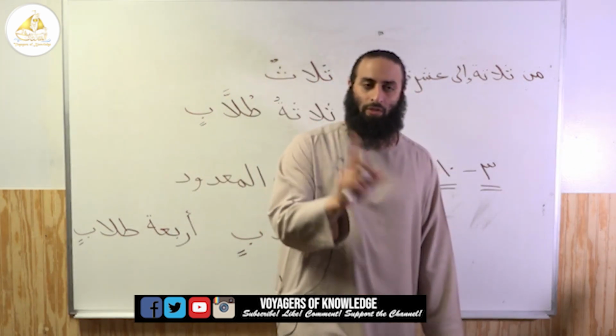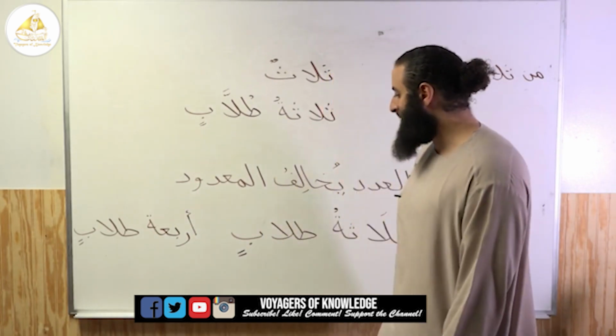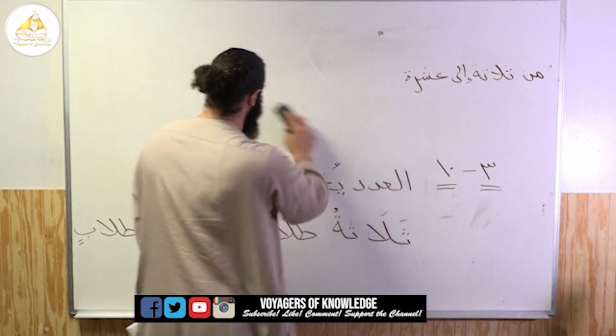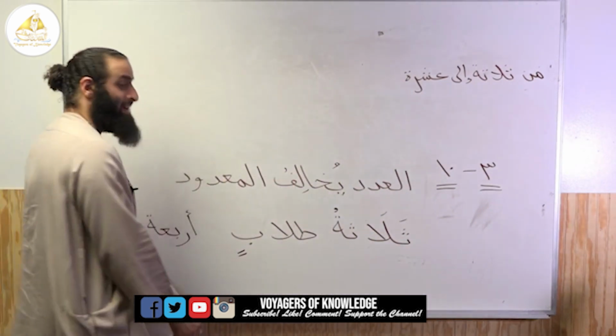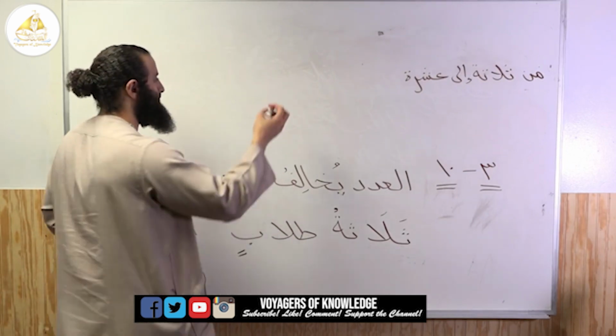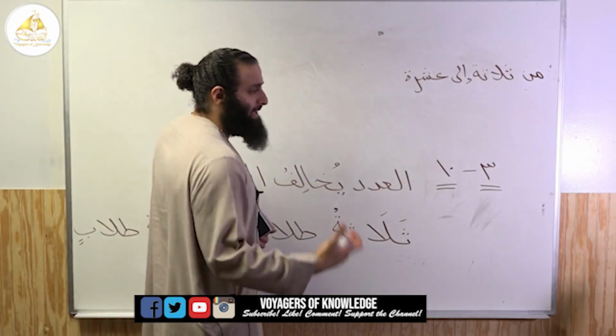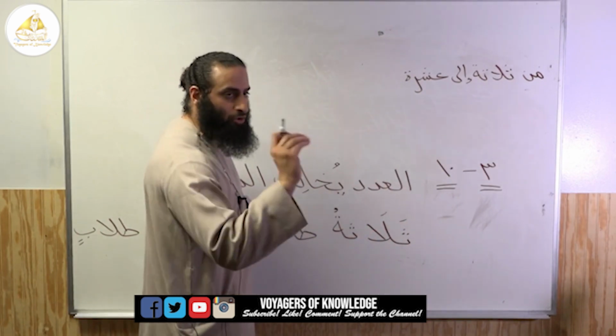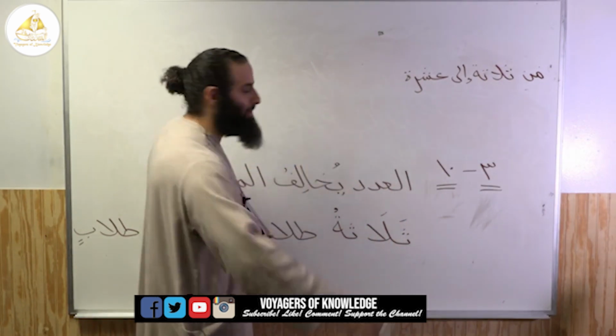All right? One thing I need to point your attention to, if you remember, is how do we determine the gender of a jam' غير عاقل? We look at, actually, even with aql jam', you still are going to look at the origin of the word.